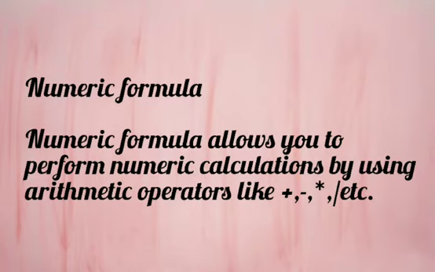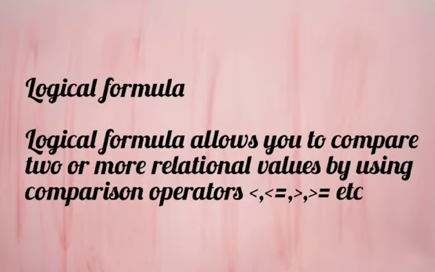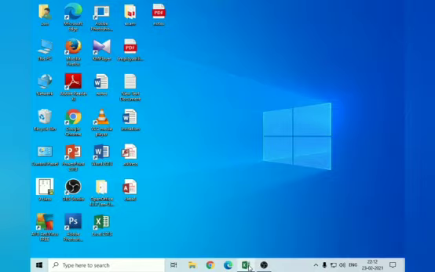Numeric formula allows you to perform numeric calculation by using arithmetic operators like plus, minus, multiplication and division, etc. Logical formula. Logical formula allows you to compare two or more relational values by using comparison operators less than, equal to, greater than, equal to, etc. and returns a logical value that is true or false.